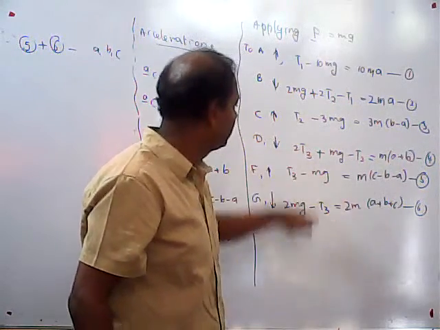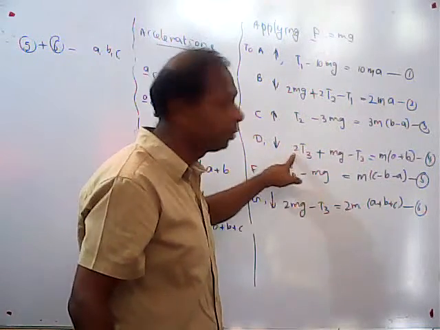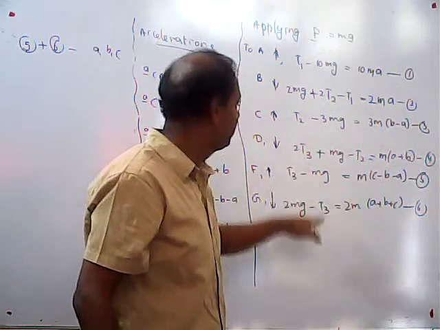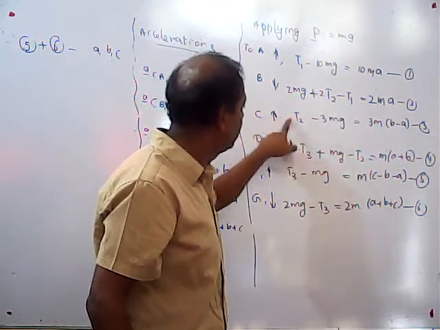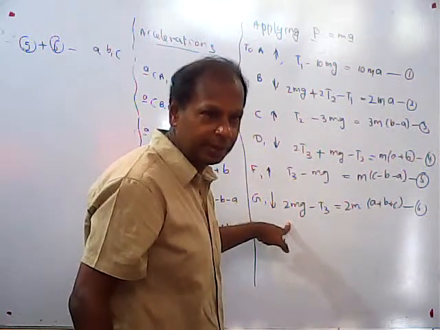It's not sufficient to just add this, because it's 2T3 here. You have to multiply this by 2 and add. So 3 plus 4 plus 2 times the T3 equation.